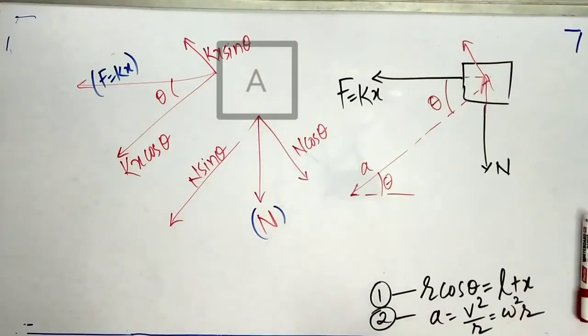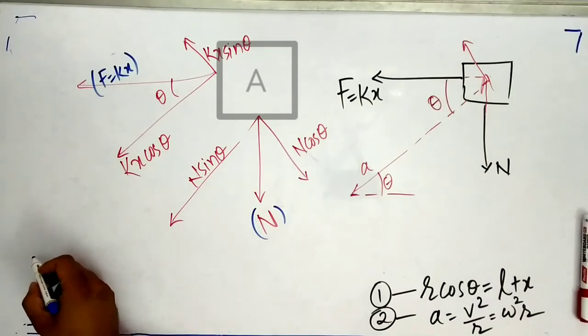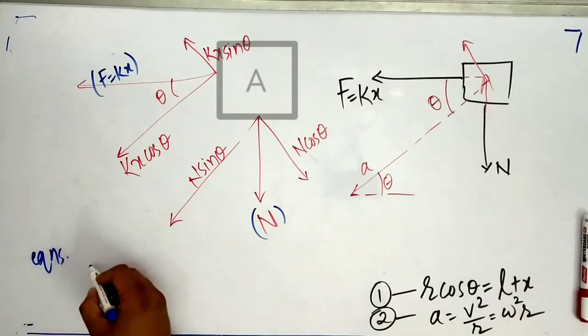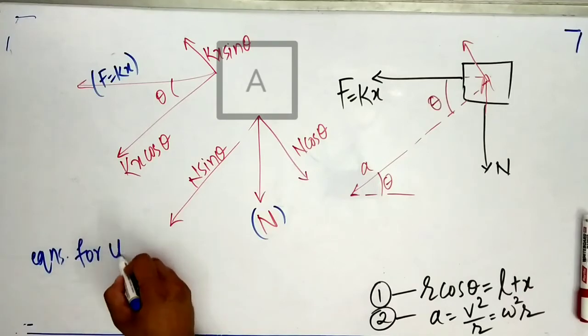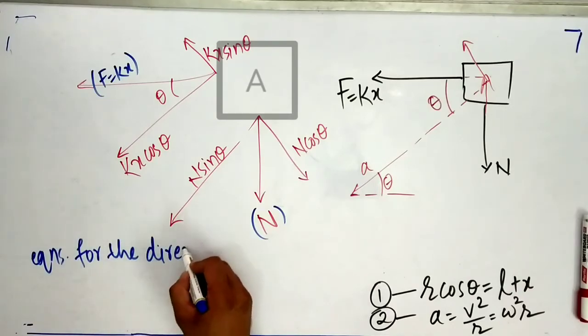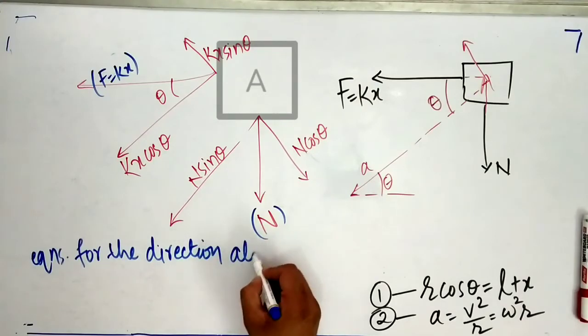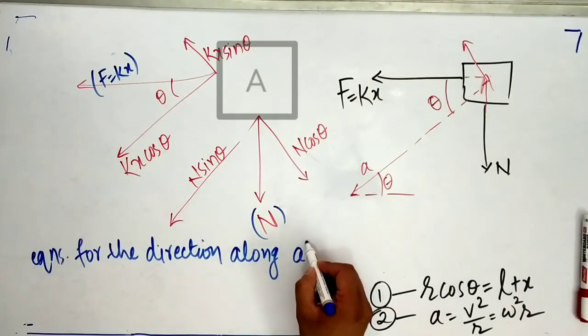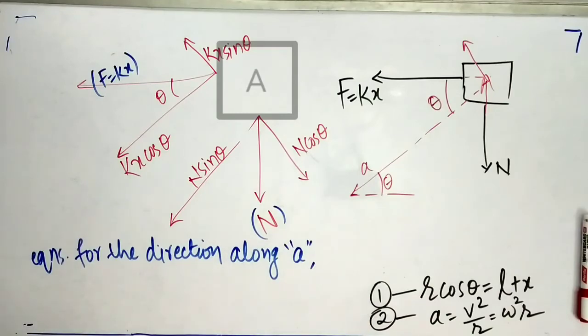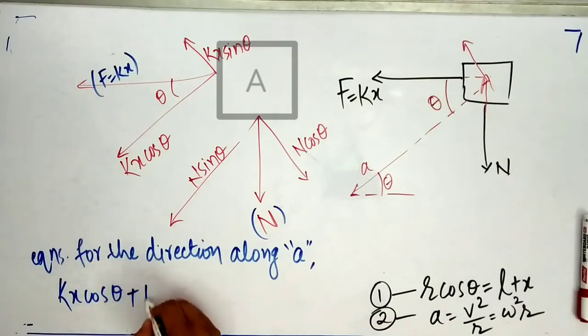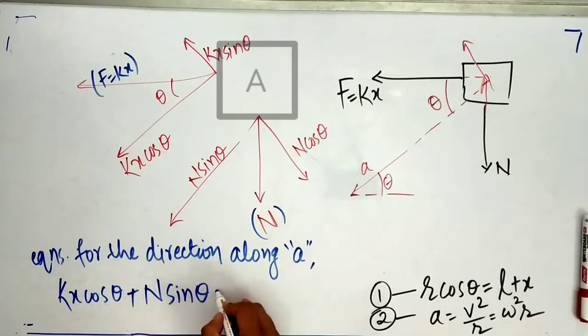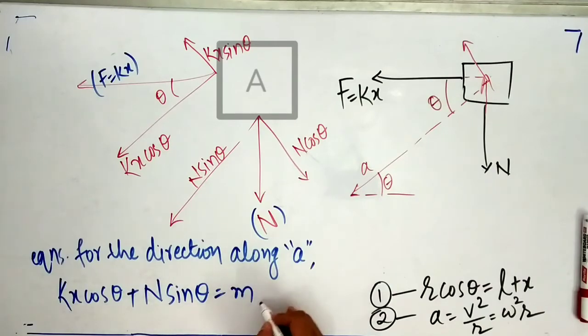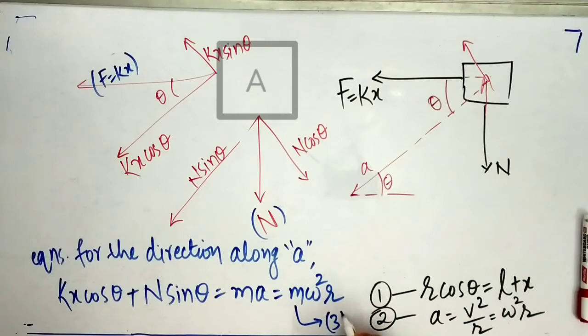So let us talk about the equation for the direction along a, acceleration. It is going to be Kx cos theta plus n sin theta is equal to m into a, which is equal to m omega square r, equation number 3.